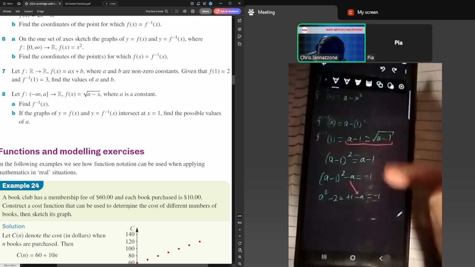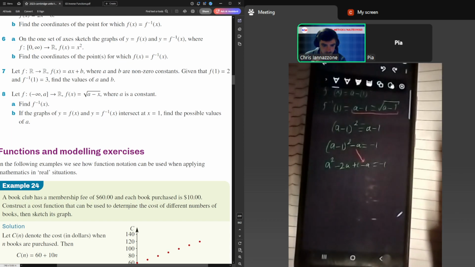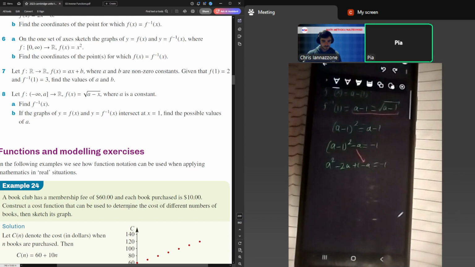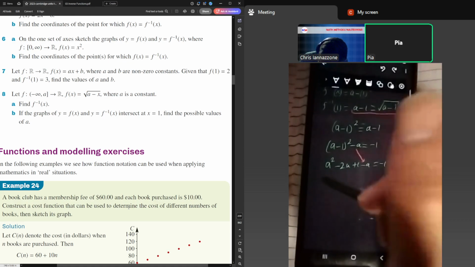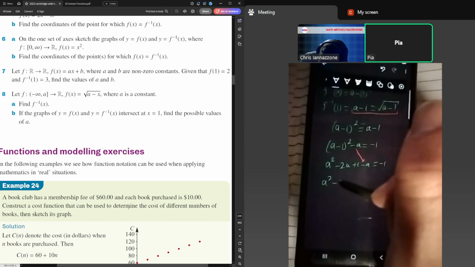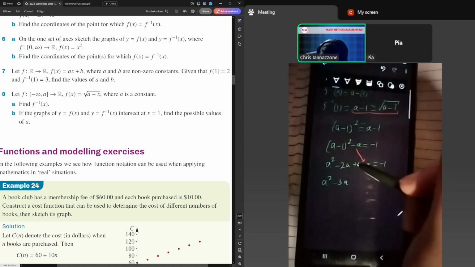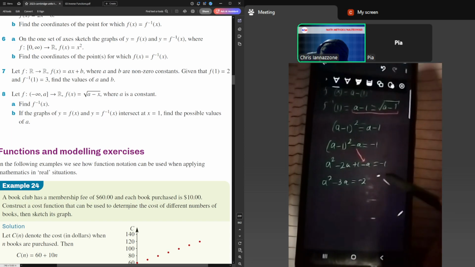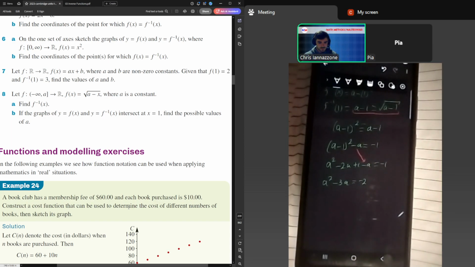All right. What do we do from here? And then it would be a squared minus 3a. We can take the 1 to the other side, so it'd be minus 2. Yep. Looking good. Then we could factorize the a squared.